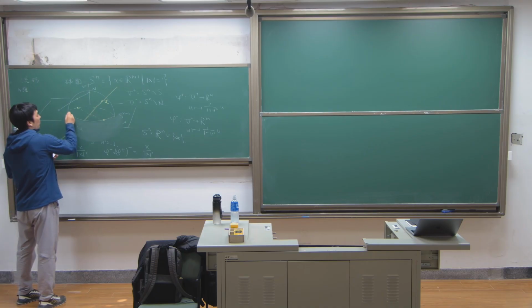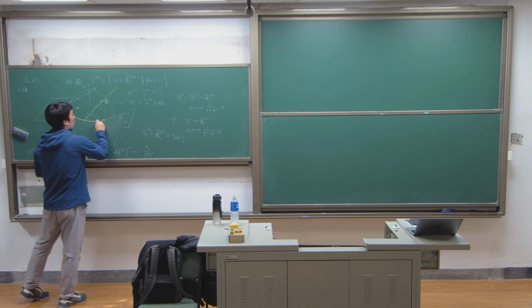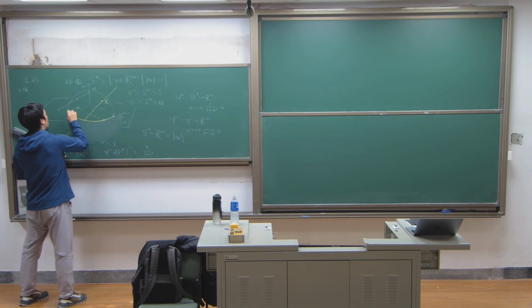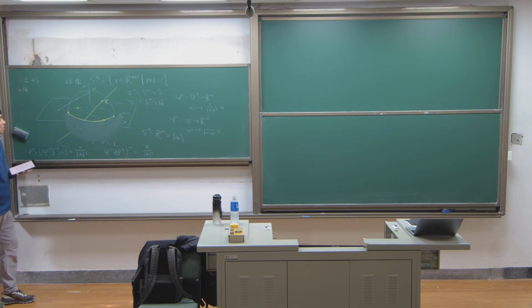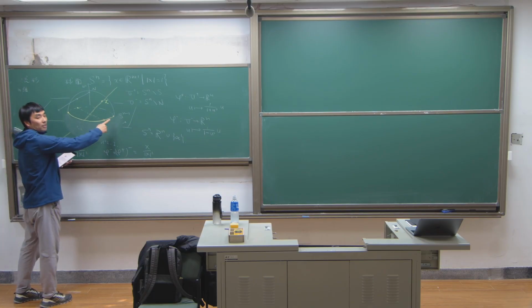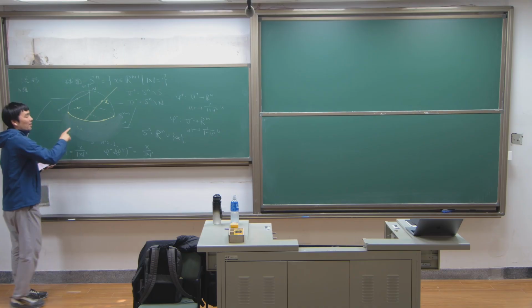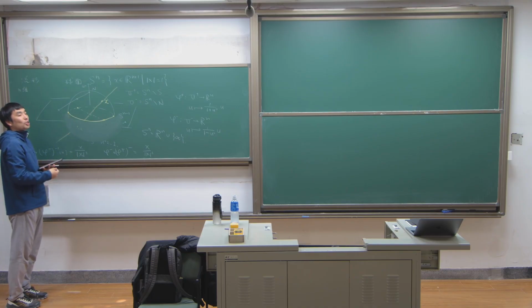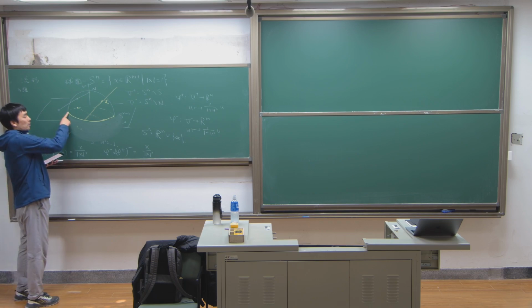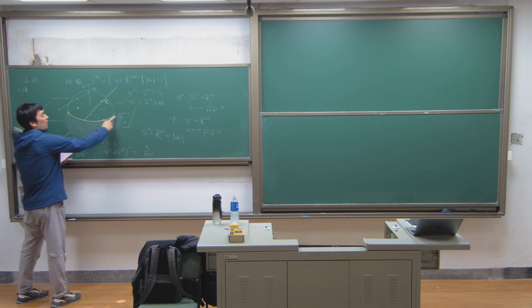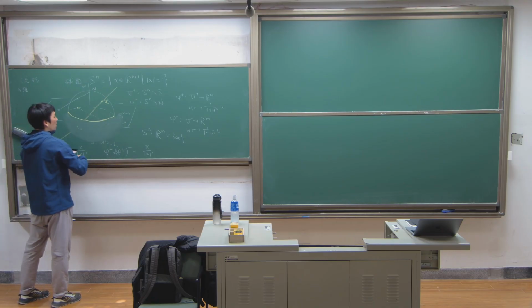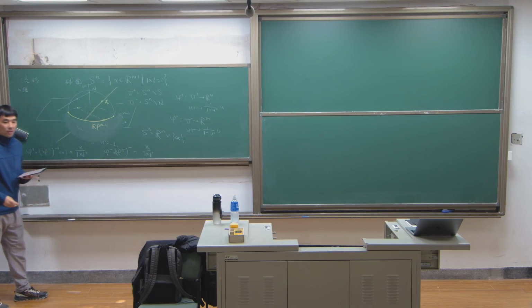Therefore, what you end up with, so this point is identified with this point. But in fact, this point is not a point, it is an n minus 2 dimensional object. So this yellow line is RPn minus 1.